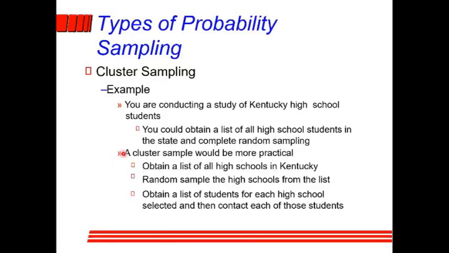Then, to be more practical, we get the list of just the high schools in Kentucky, and randomly sample from the high schools on our list. After that, obtain a list of students from each selected high school and then contact each of those students. That is what we can do if we apply cluster sampling.